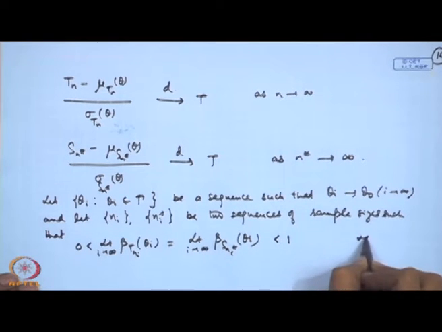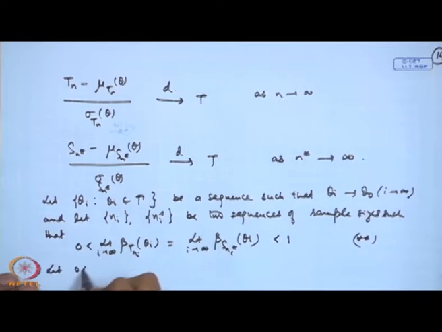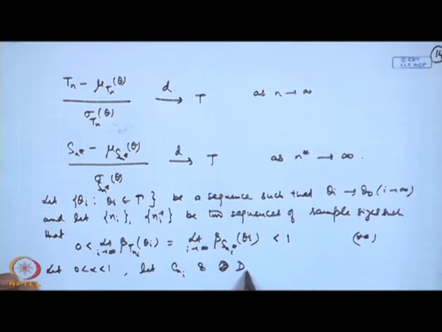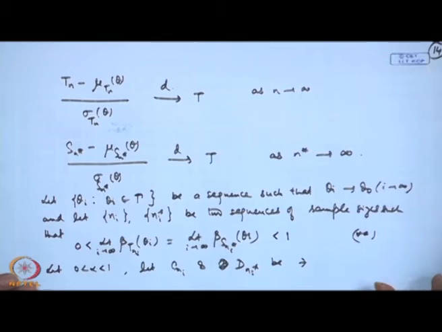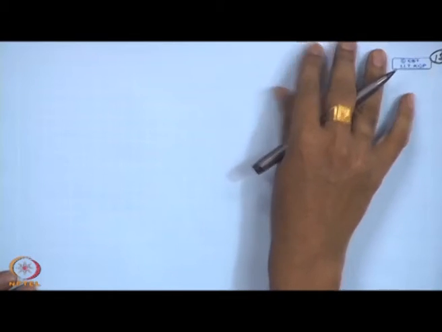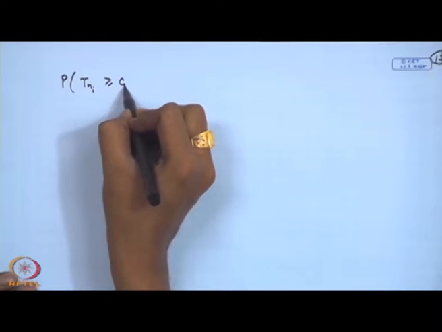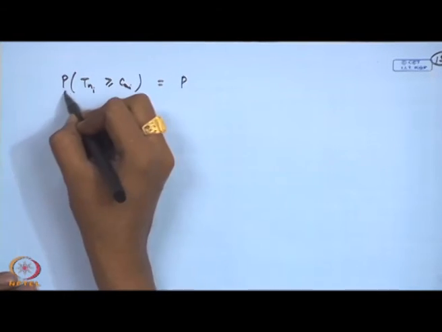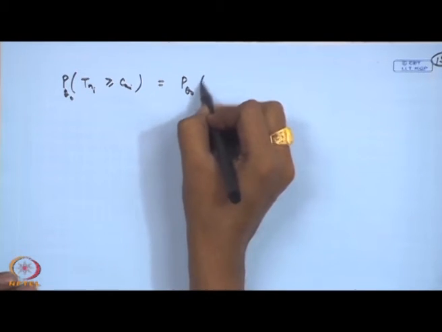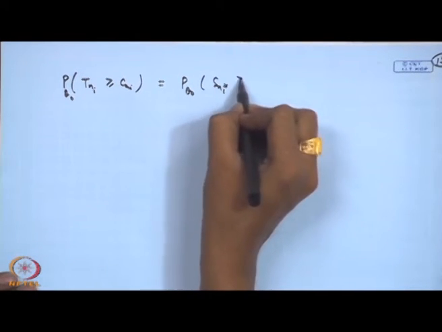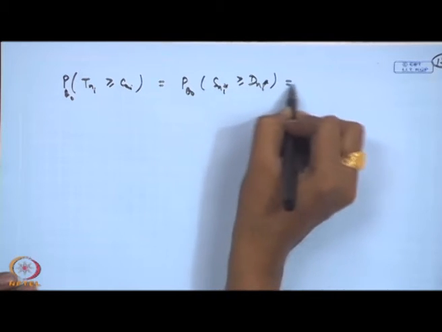is less than 1. So, let us take alpha to be between 0 and 1 and let the critical region points be such that probability of Tn i greater than or equal to Cn i, that is equal to probability of Sn i star greater than or equal to Dn i star, is equal to alpha.